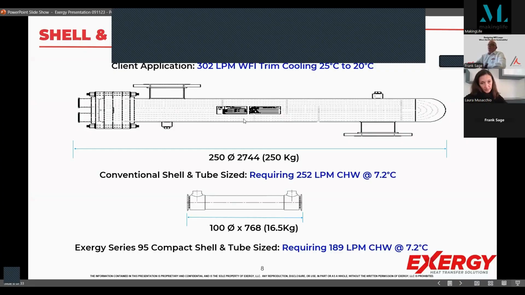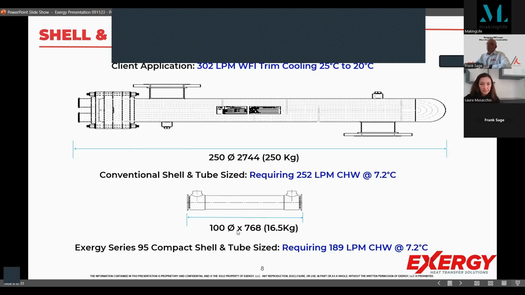Give you some idea. Here would be a conventional shell and tube heat exchanger with trim cooling of a delta of 5 degrees C for 300 liters per minute. Standard U-tube shell and tube heat exchanger, 2.7 meters long, 250 millimeter diameter.